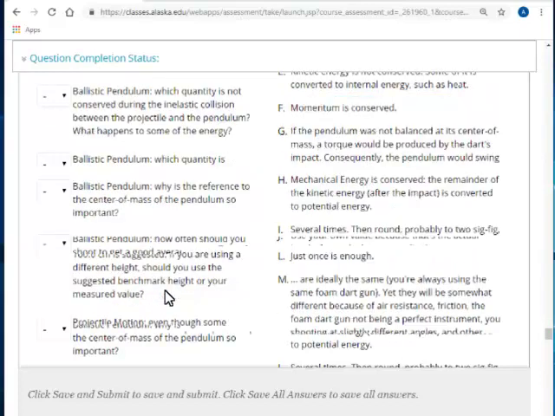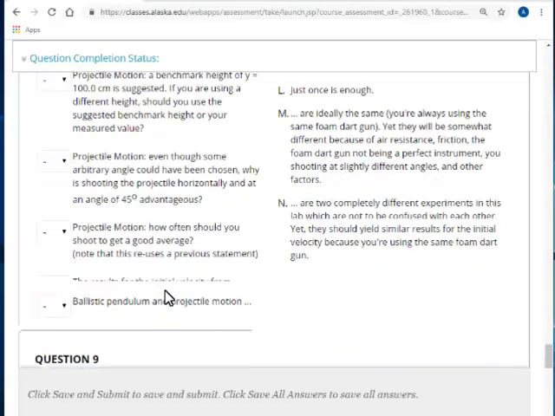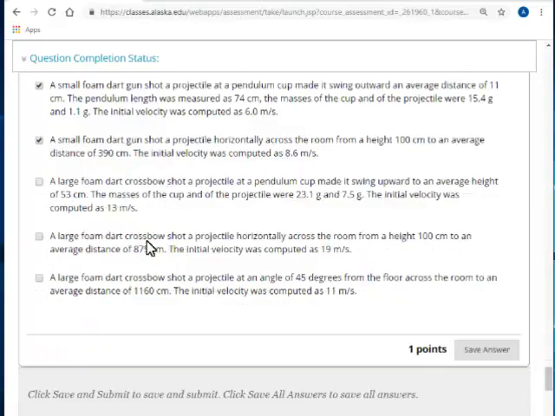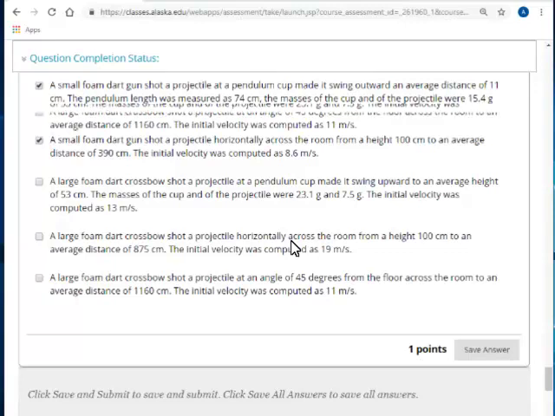Again, this should be in the correct order. The example for that particular lab, you will find these two here. Again, the other three statements here may be correct, but they're not included in the lab manual itself. Again, the pre-lab quizzes you on whether you actually looked at the lab manual.